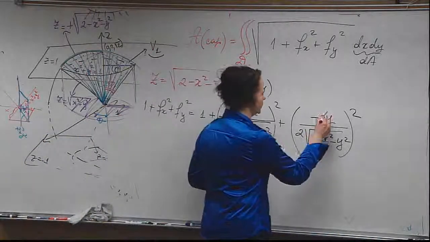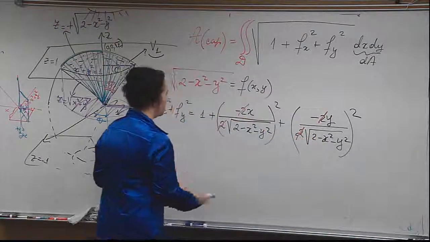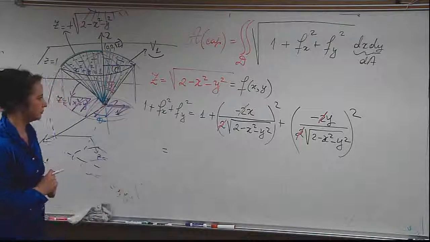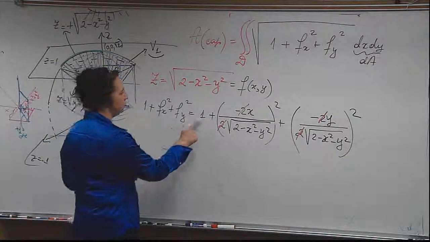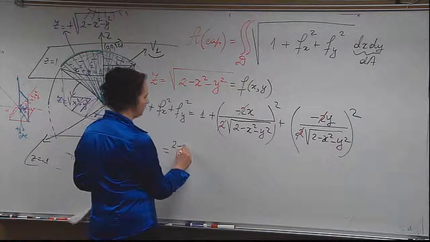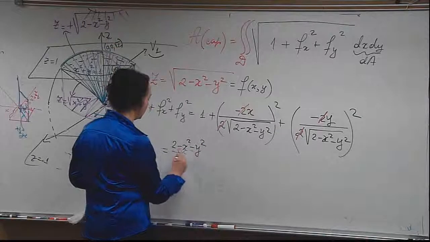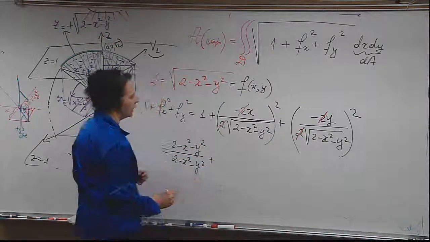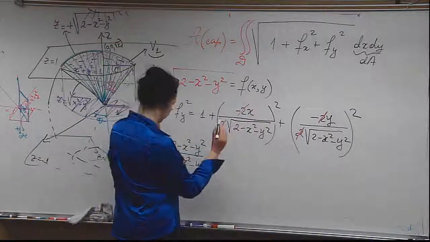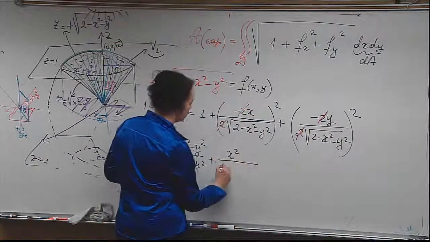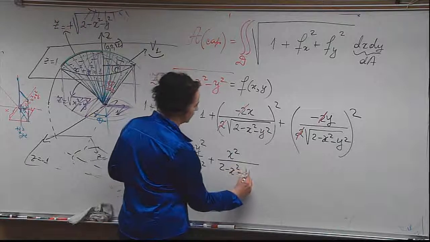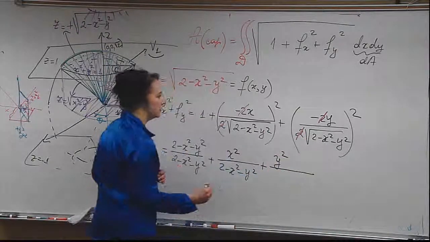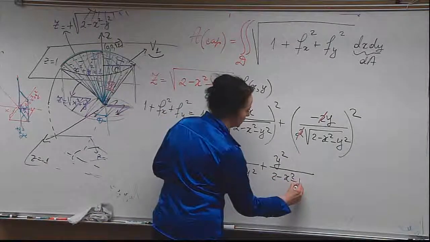Some things cancel out. So let's be patient and see what we have. First of all, 1 is not going to give you trouble because let's write 1 as this over itself. Plus, minus squared is plus, thank God. X squared over 2 minus x squared minus y squared plus y squared over 2 minus x squared minus y squared.